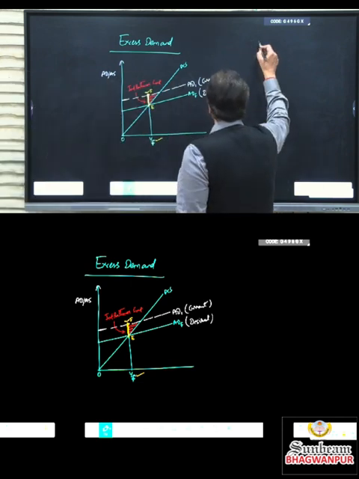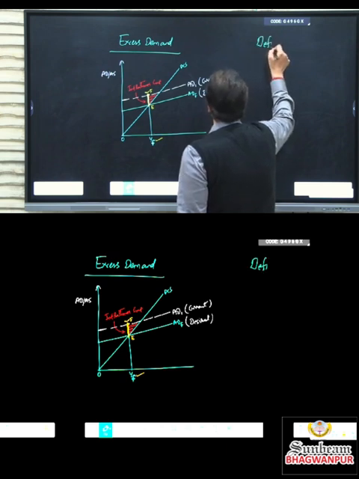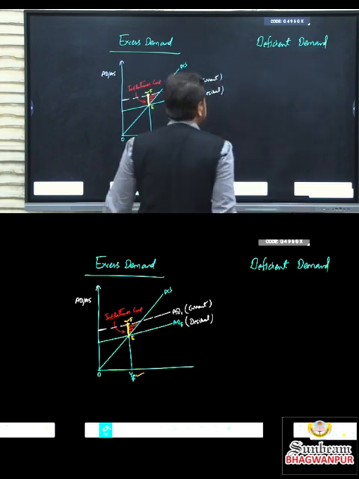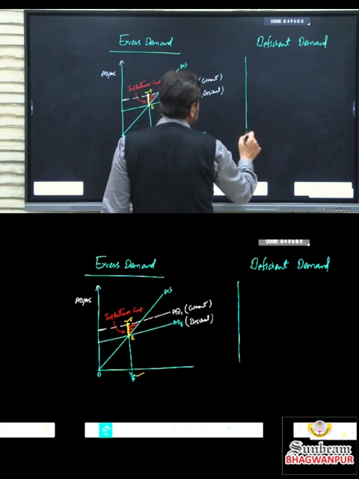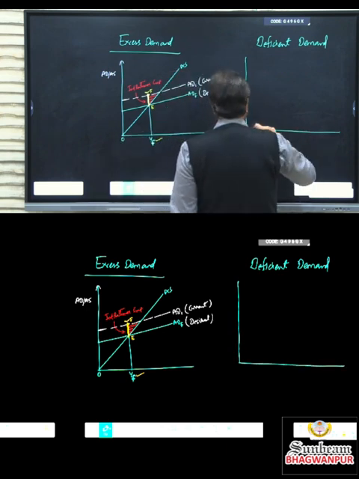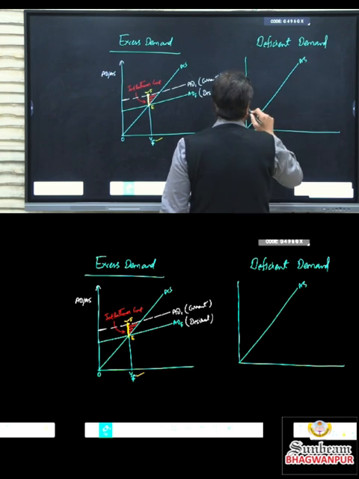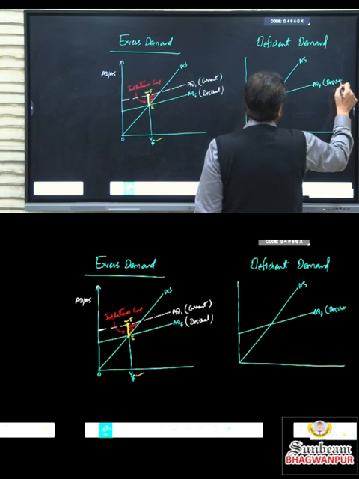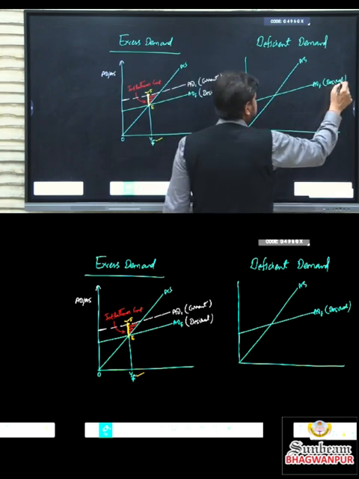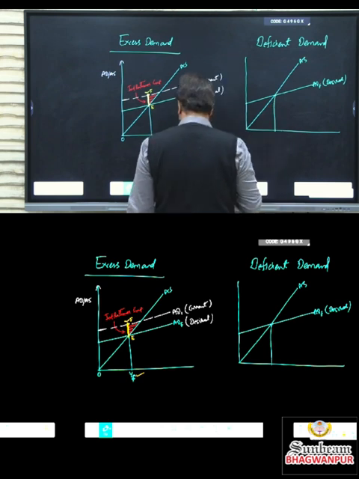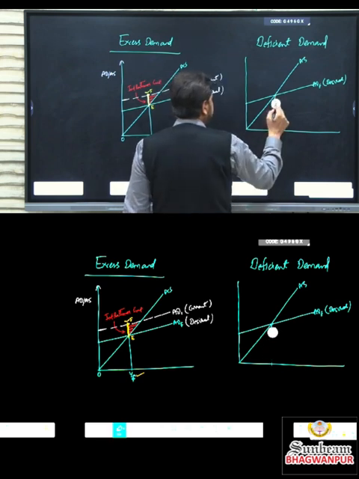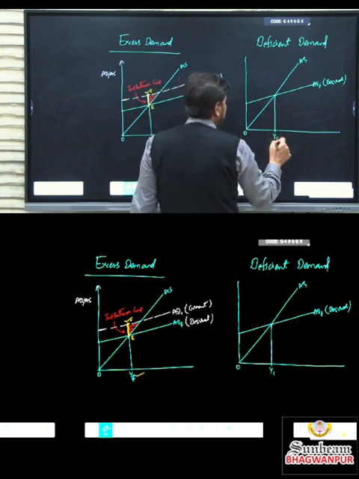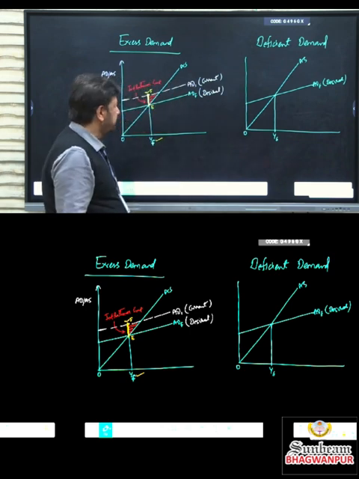The second condition that is possible is the case of deficient demand. This is your aggregate supply. This is your desired AD. Now desired AD for what? For achieving the full employment level.